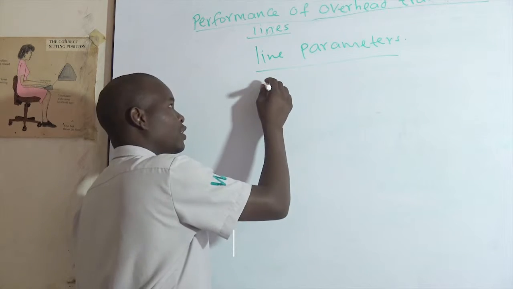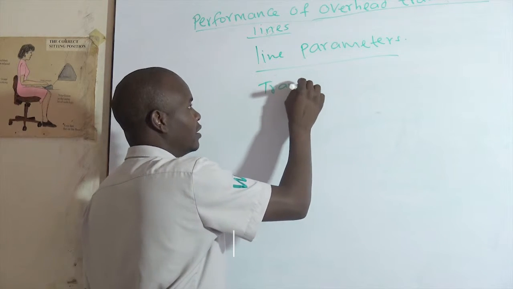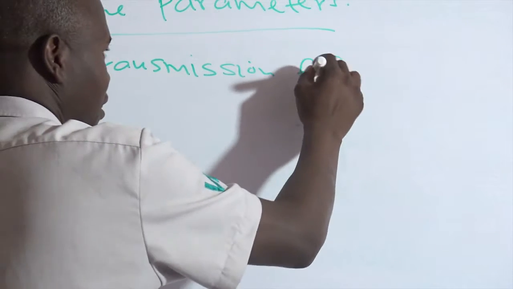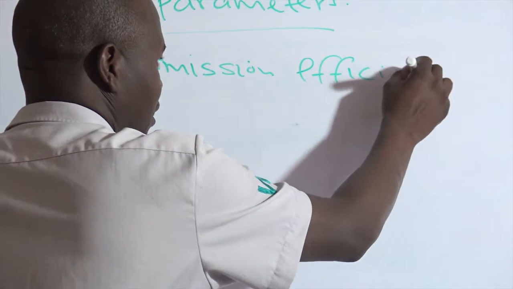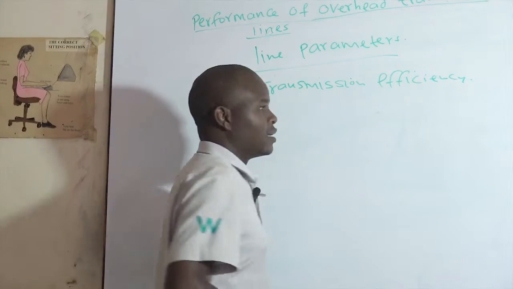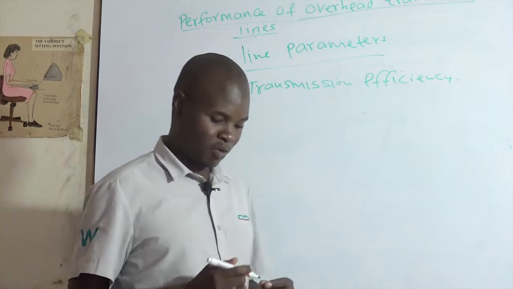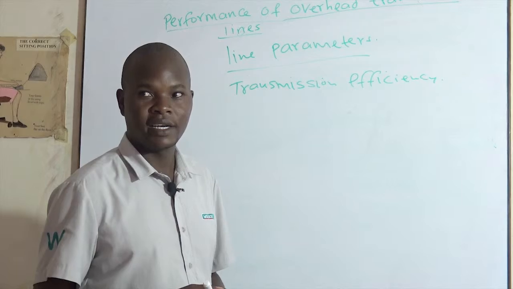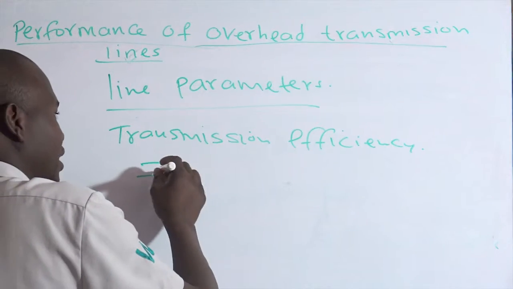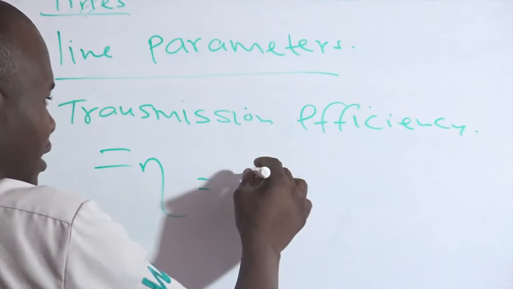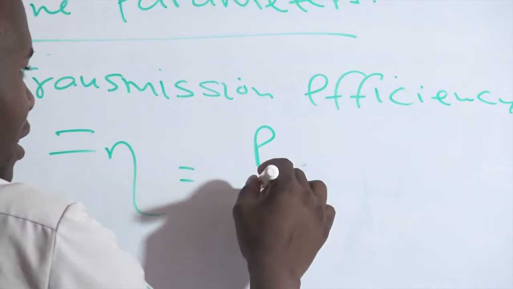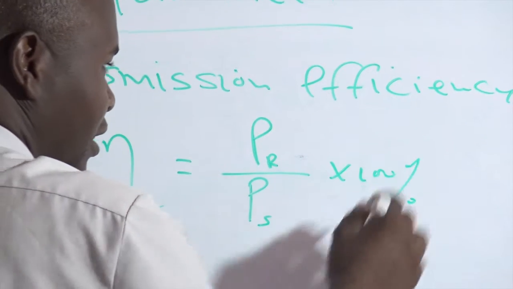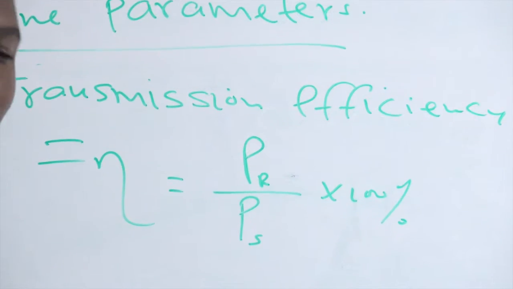There's what we call transmission efficiency. If you take the ratio of the receiving end power to the sending end power times 100, that is, the receiving end power divided by the sending end power times 100%, you get the efficiency of a transmission line.